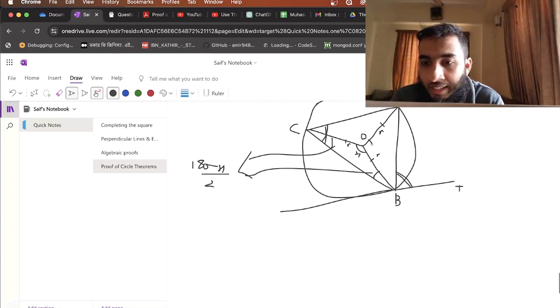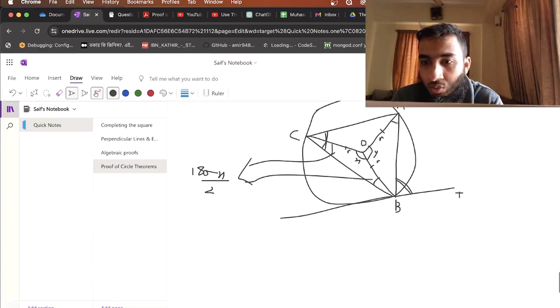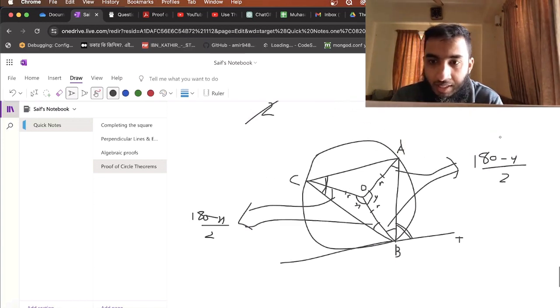So let's say this angle is Y. Similarly, what are these 2 angles? 180 minus Y by 2.